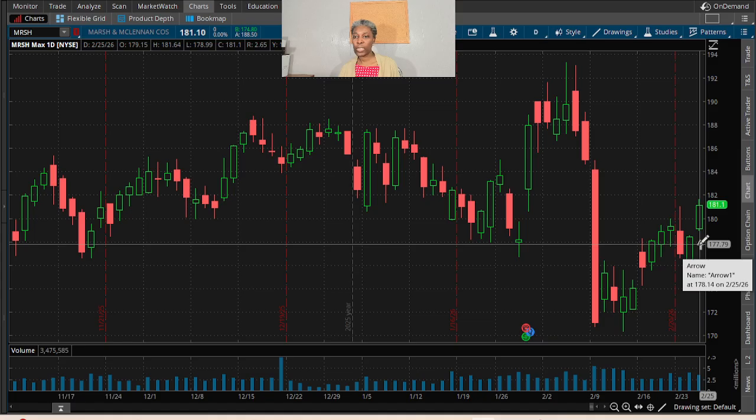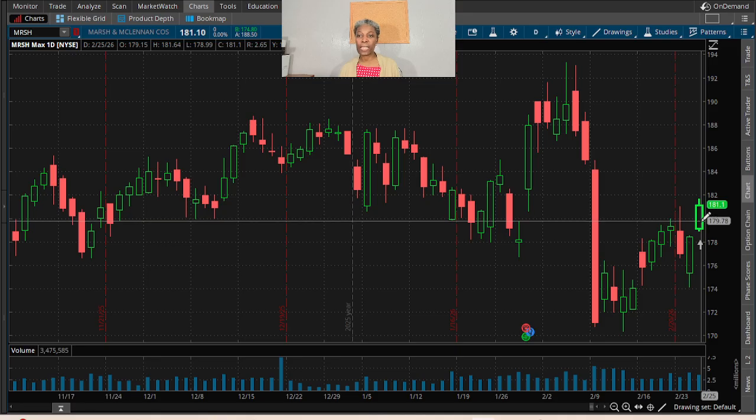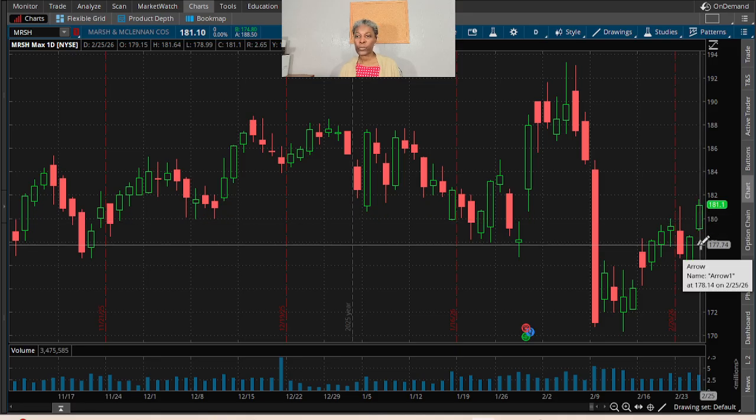But when I'm putting my mouse there, it's saying 178 because I put it on 178. Maybe if I move it to exactly how much I paid for it, then when I put my mouse on the arrow, it's showing me the price inside that rectangle and the date. So maybe that's what I will try as well.